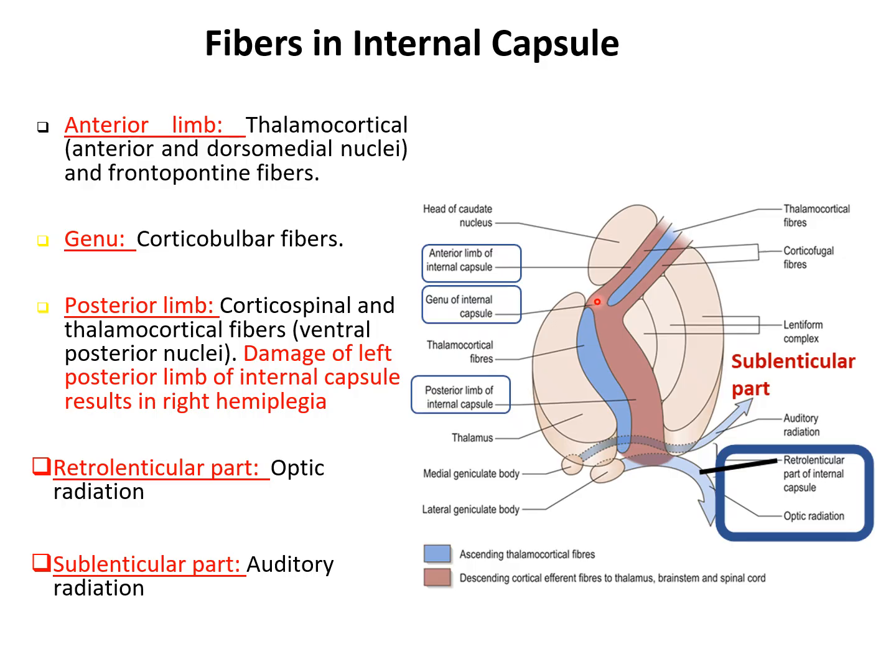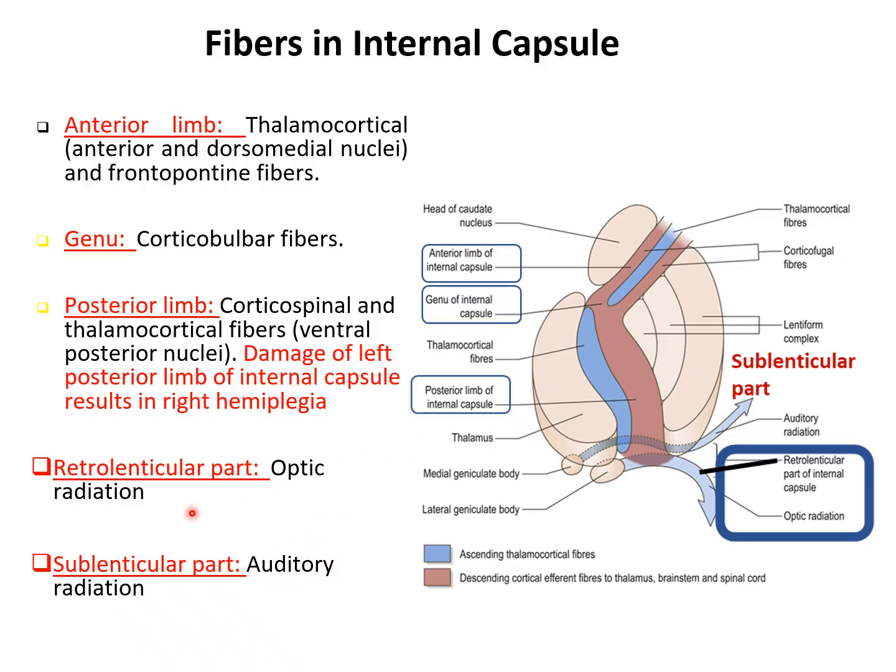There are additional parts of the internal capsule. The sublenticular part arises from the medial geniculate body of the thalamus, going to the auditory area in the cortex, and is called the auditory radiation.